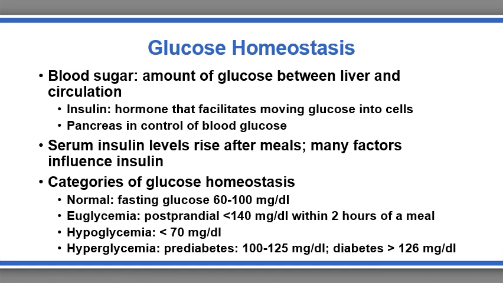So they can test someone's glucose tolerance by having them ingest a glucose solution, and if their levels are between 140 and 199 within 2 hours, they're deemed to have impaired glucose tolerance. Diabetes is diagnosed with fasting levels above 126. That's what you look at as far as the categories of glucose homeostasis and how individuals get diagnosed with diabetes.